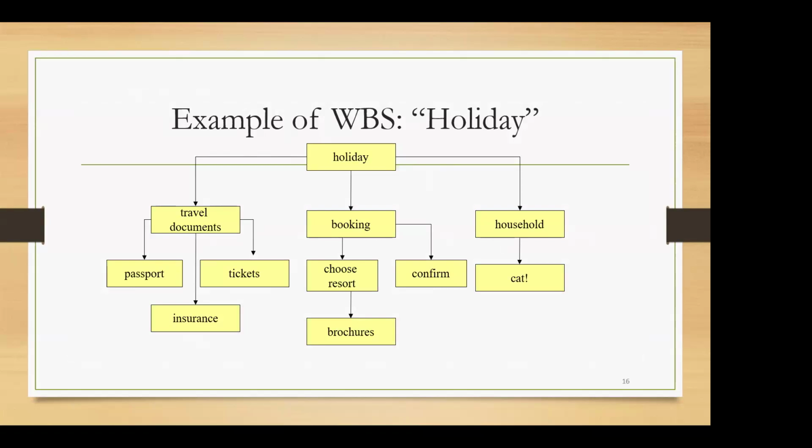First of all, you will have to arrange your travel documents, right? Then you have to do your bookings, maybe the hotel or the resort that you're going to, maybe the transportation. And then you have to do something about the household. You have to make sure that your household is going to be safe during your holiday.